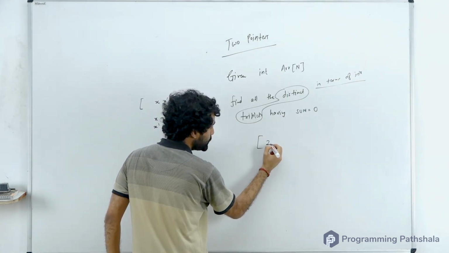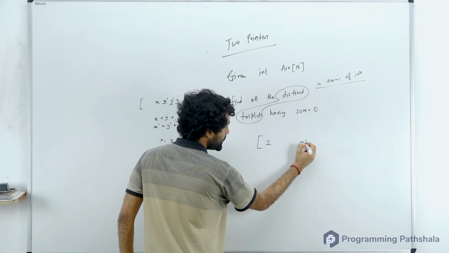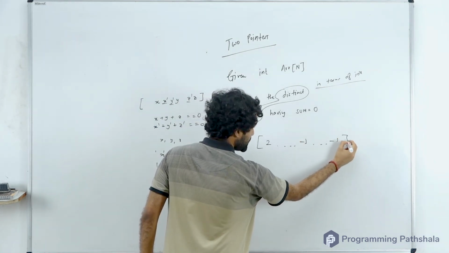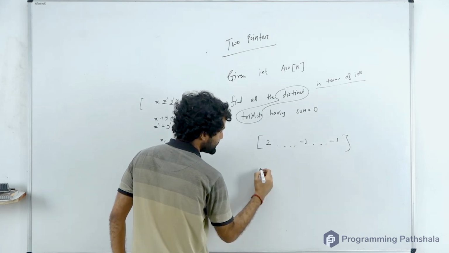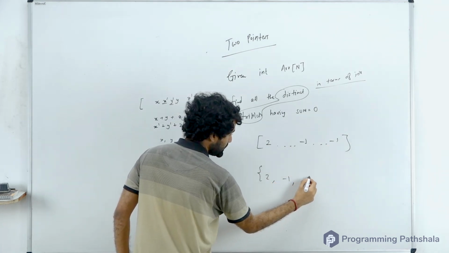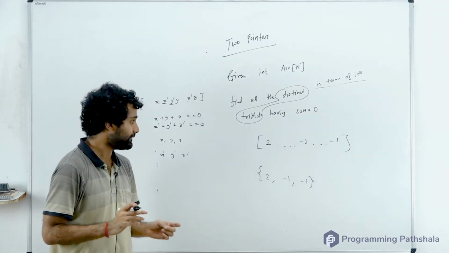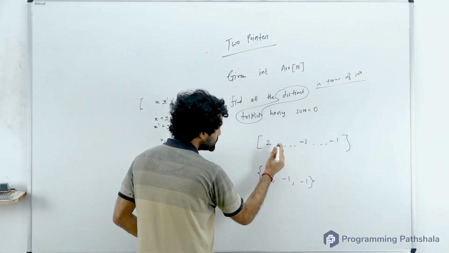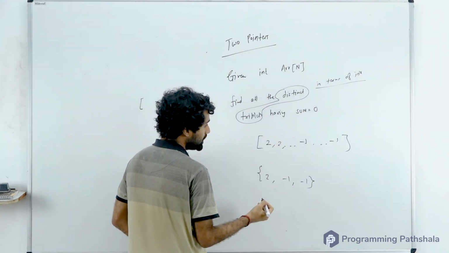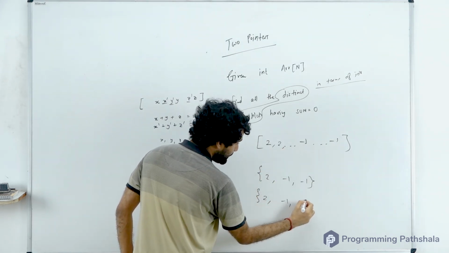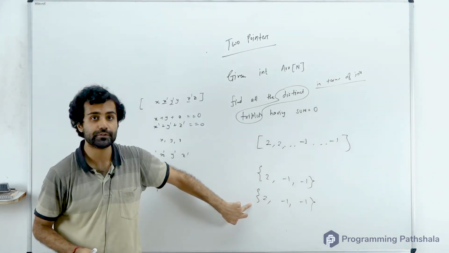So if let's say there is a 2 over here, and then there is a -1, and then there is a -1, will this be a part of your solution or not? Yes, it will be. But let's say there is another 2, another 2 like this. Will this be another part of your solution?